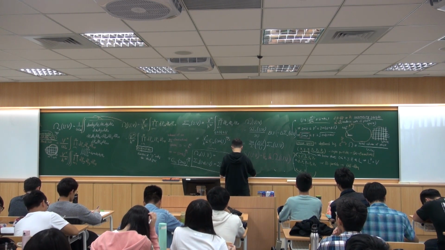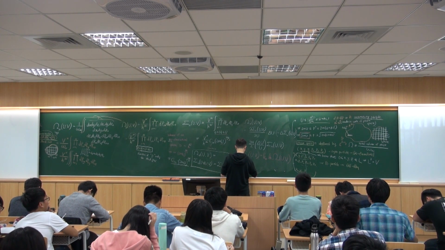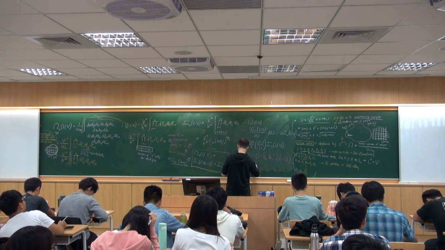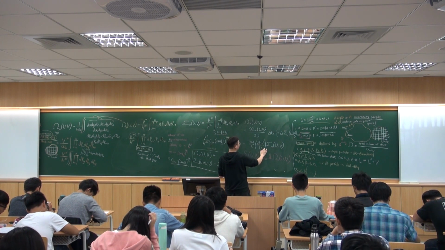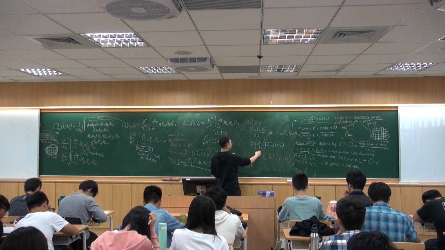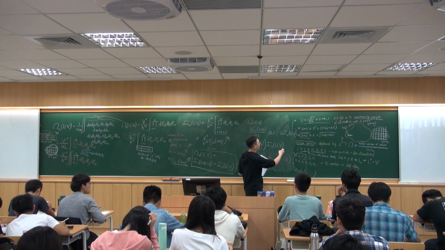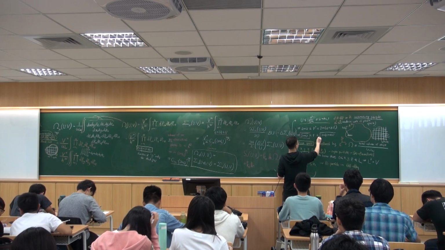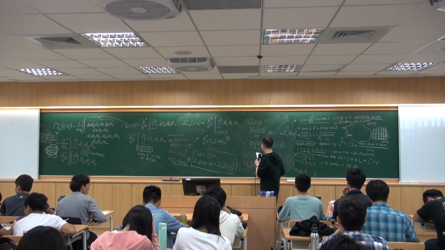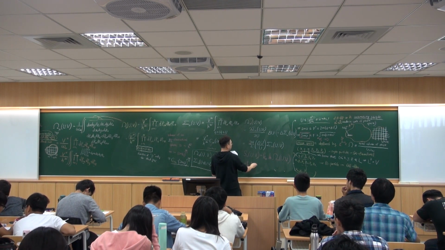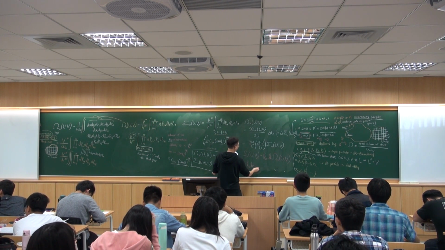I'll write the largest term first, which is this one, because we know that this will be a small number, right? Remember that delta U over U is approaching 0. So this is a small number, close to 0. So this is the largest term that I kept over here.